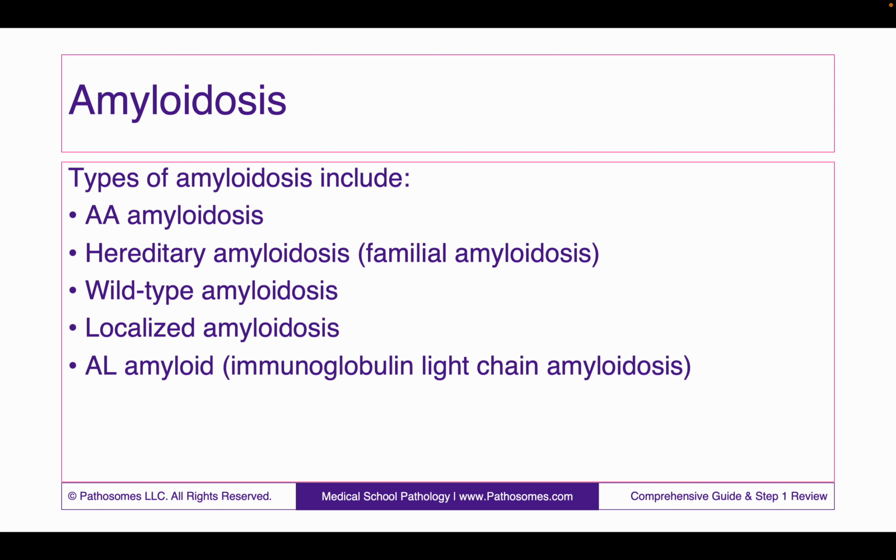Types of amyloidosis include AA amyloidosis, hereditary amyloidosis, also known as familial amyloidosis, wild type amyloidosis, localized amyloidosis, and AL amyloidosis due to immunoglobulin light chains.